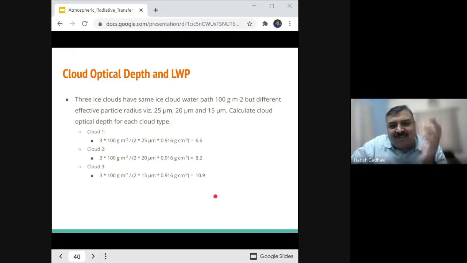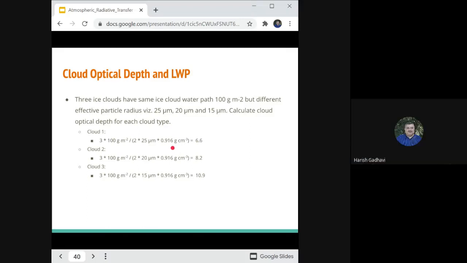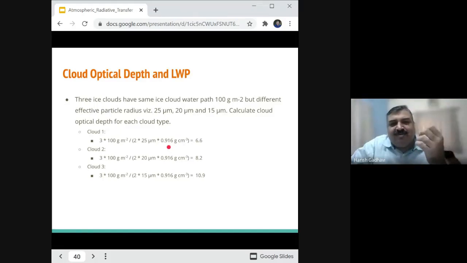You might have got a slightly different answer because I have used the exact density of the ice, maybe a little different density than what you have used. But you should have got the answer in this order. It should not be very different from this one.